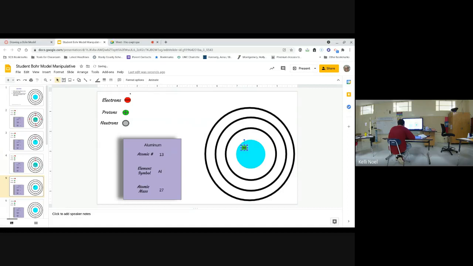Then I'm gonna go up here to the text box, and I'm gonna draw me a text box by that proton, and I'm gonna type 13 in it. Isn't that better than dragging all those 13 circles? Okay, so 1 proton, go up and get you a text box, draw it, and type 13 in it.